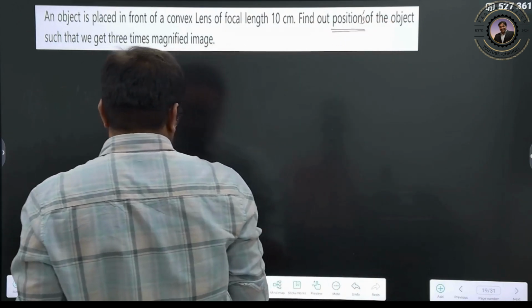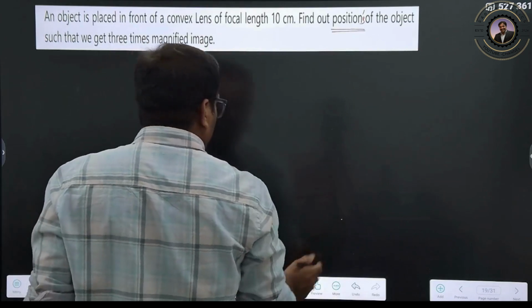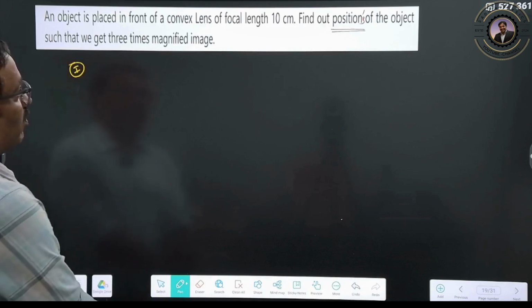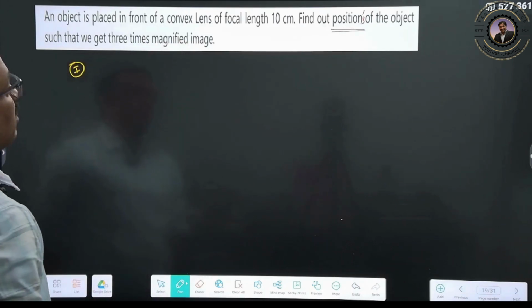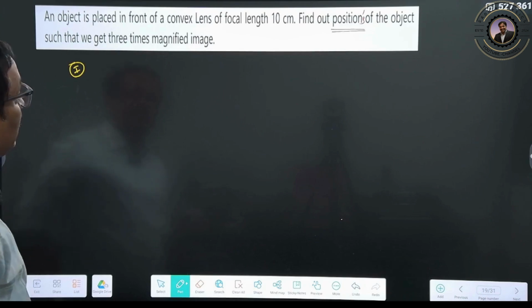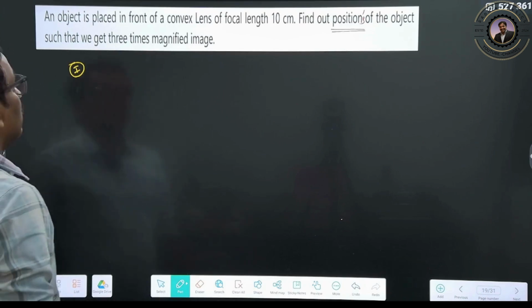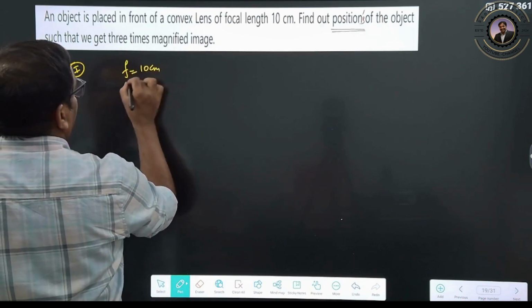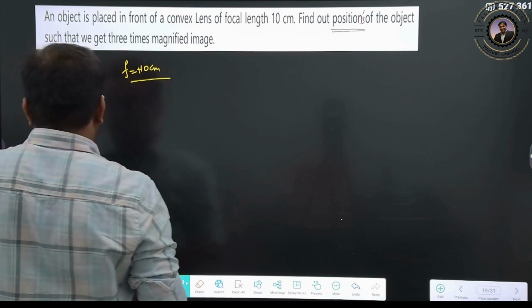So we can do it for the first position. What is given now? Focal length is 10 centimeter, convex lens, plus, clear?